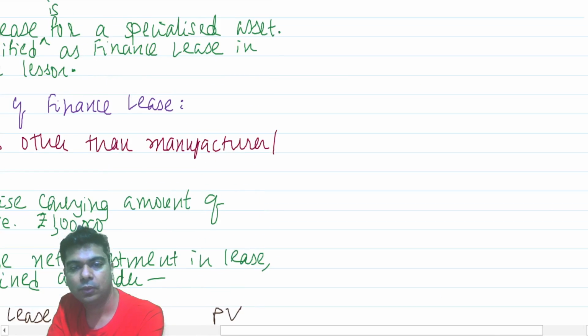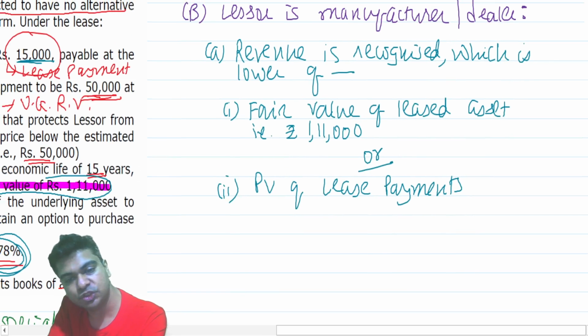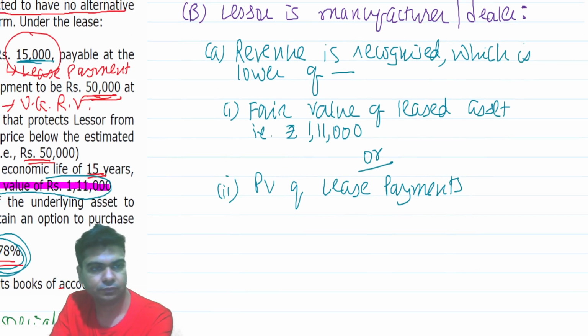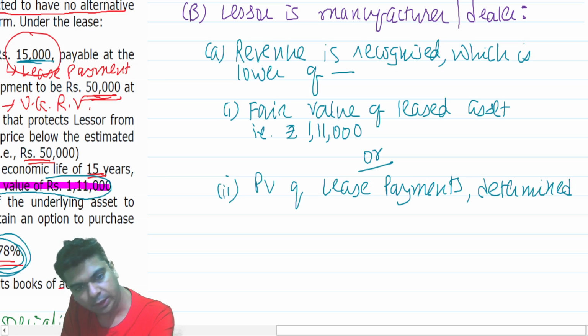So we say present value of lease payments determined as under.